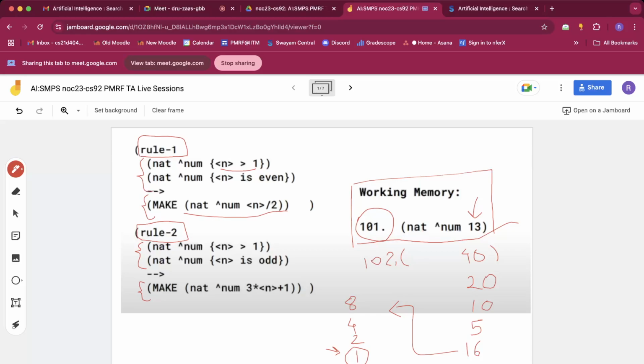For example, rule 2 says that if we have a value n that is greater than 1 and if n is odd, we will add the number 3 times n plus 1. So that is what we did over here. We had a 13 which is greater than 1 and which is odd, so we added 3 into 13 plus 1, which is 40, to our working memory.